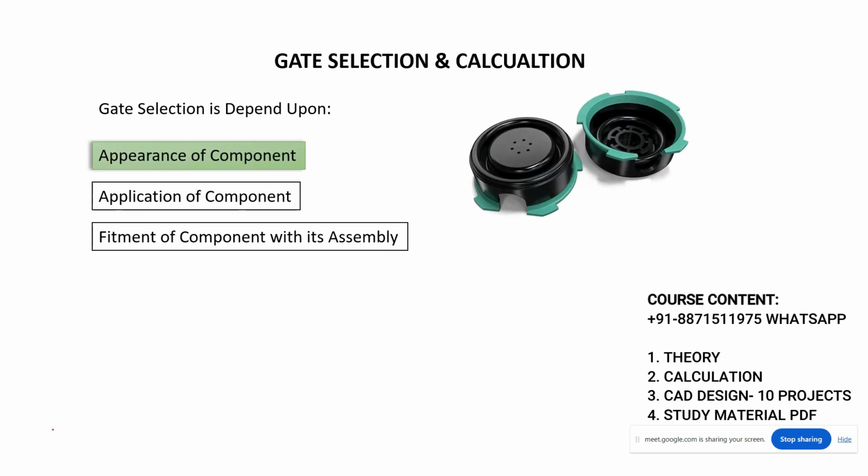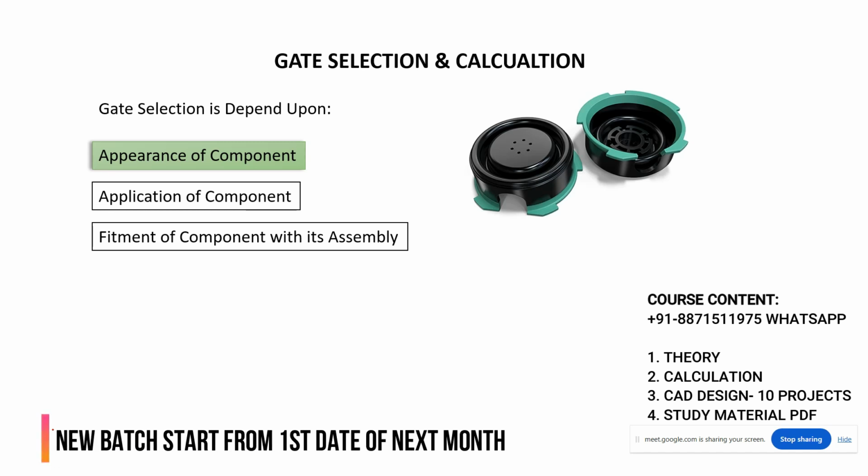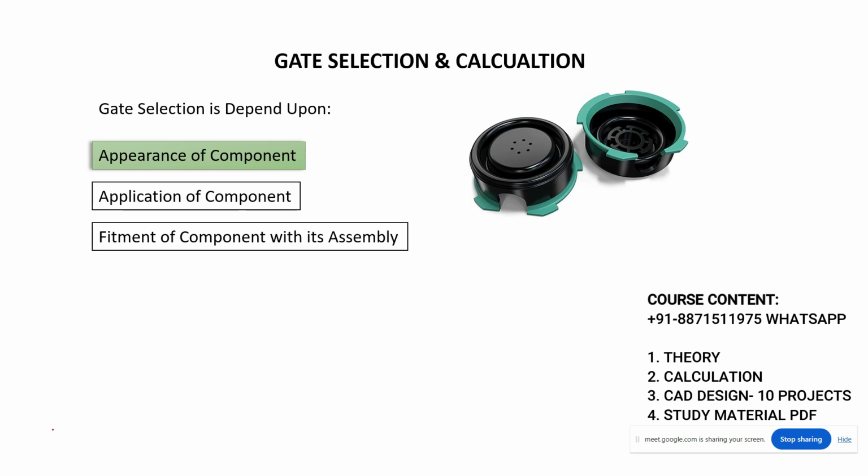First of all, see the appearance of the component. What is the meaning of appearance? If we are dealing with plastic material, the appearance should be satisfying for the customer, or for anybody.